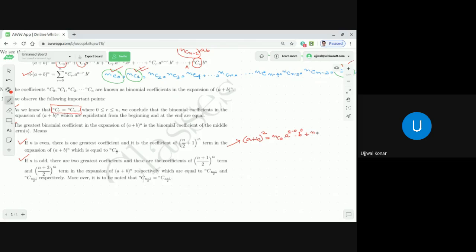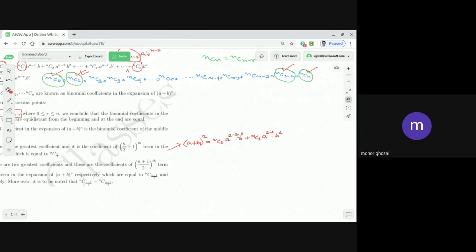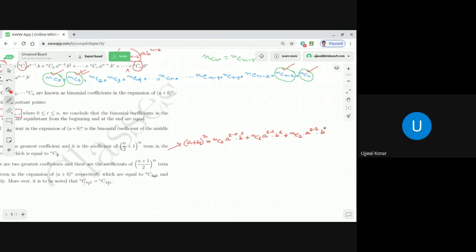Plus nC1 into a power 2 minus 1 into b power 1, correct? Plus nC2 into a power 2 minus 2 into b power 2, correct?